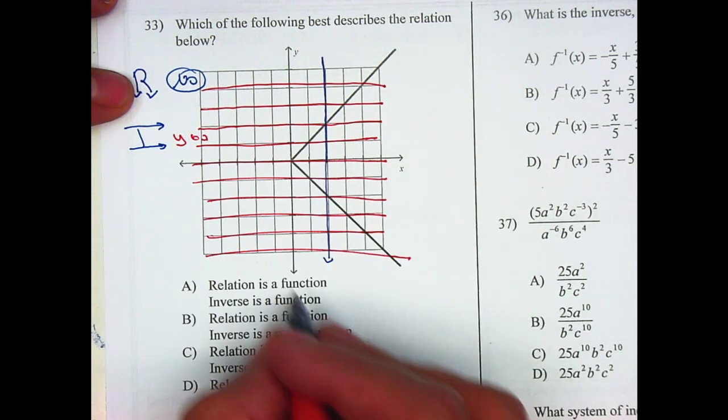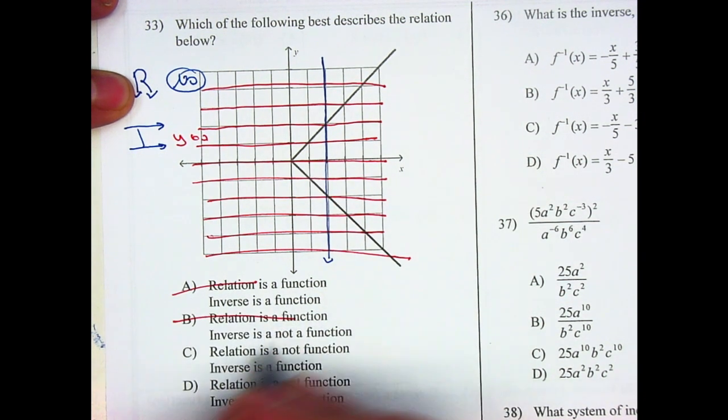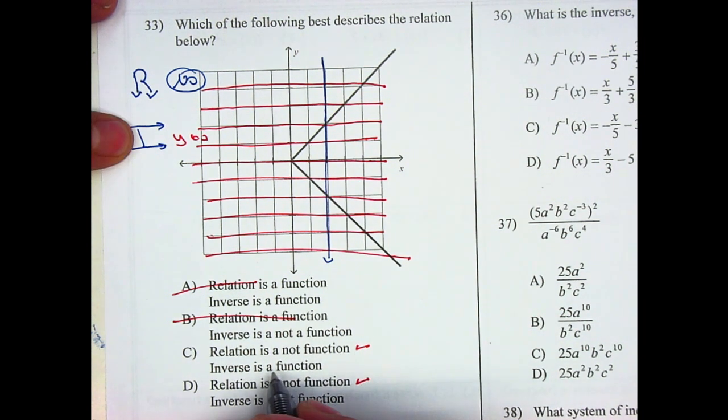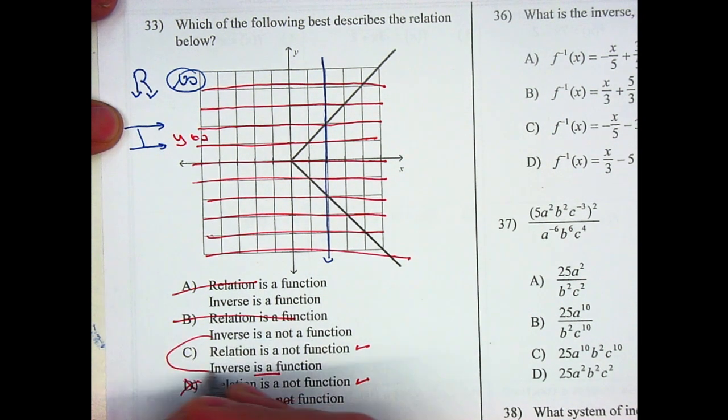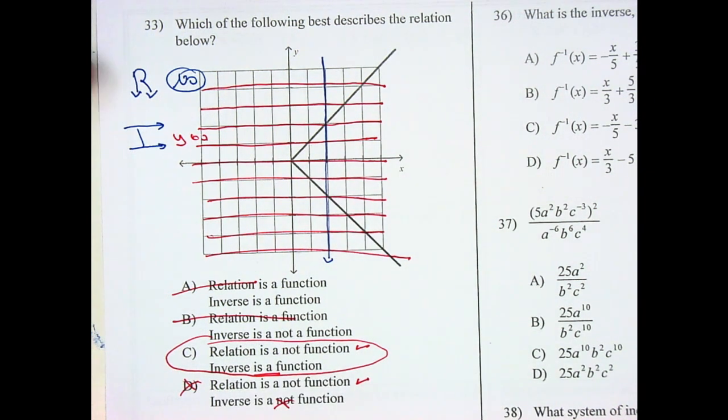So yes. So the relation is not a function, so that's not it. It's a function, no, it is not. So that one's fine, and that one's fine. The inverse is a function, so that one's fine. That one's not. So your answer is letter C. You have to go option by option.